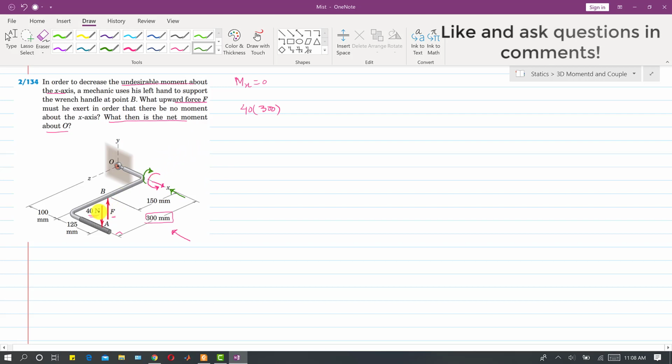This means that the 40 Newton force is producing a moment in the counterclockwise direction, and this one is producing a moment in the clockwise direction.